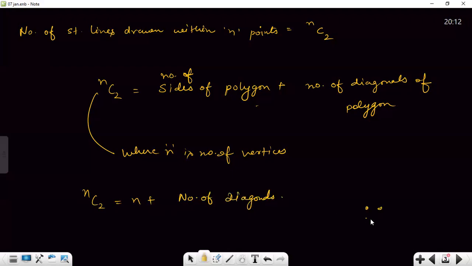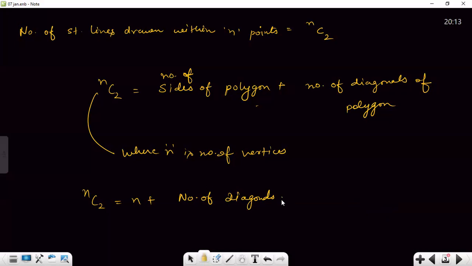Because if we have 3 points, then how many sides will be there? 3 sides. If we have, let's say, 5 vertices, 1, 2, 3, 4, 5, 5 sides will be there. So hence we can conclude that the number of vertices is equal to the number of sides of the given polygon.